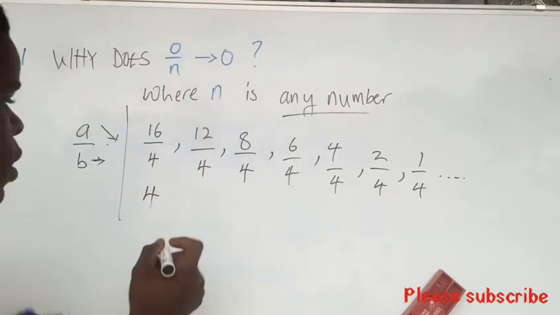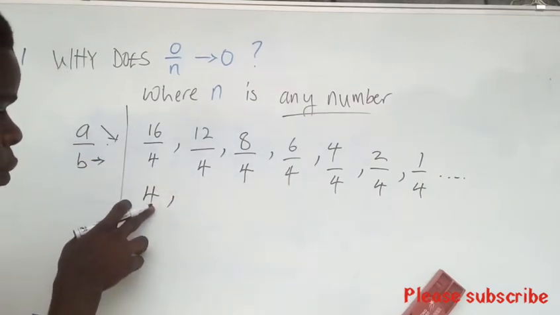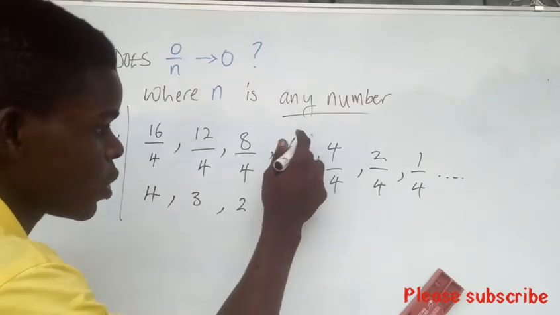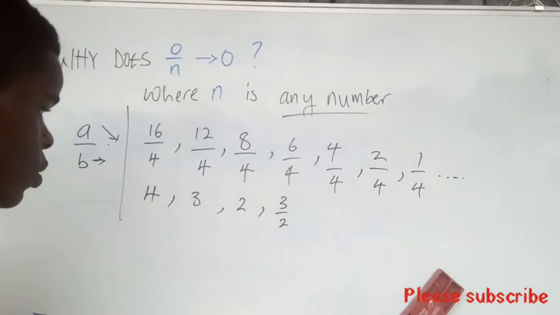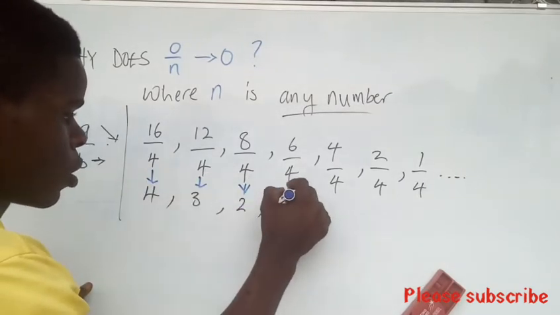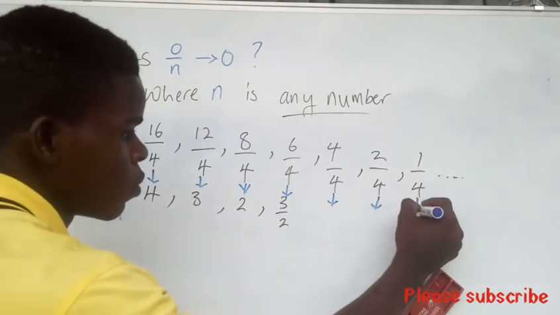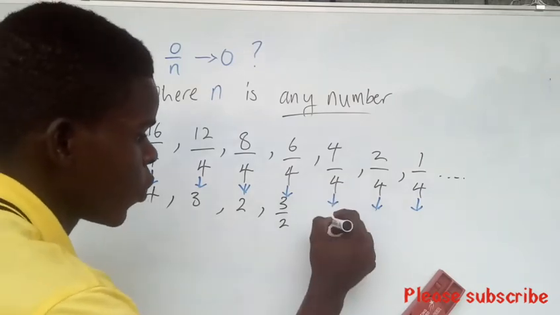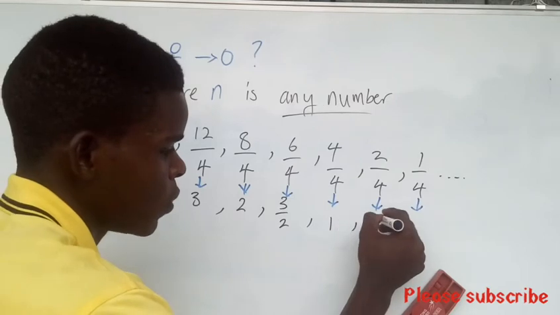Now, 16 over 4 is 4. 12 over 4 is 3. 8 over 4 is 2. 6 over 4 is 3 over 2, which is 1.5. 4 over 4 is 1. What else? 2 over 4 is half, 0.5.